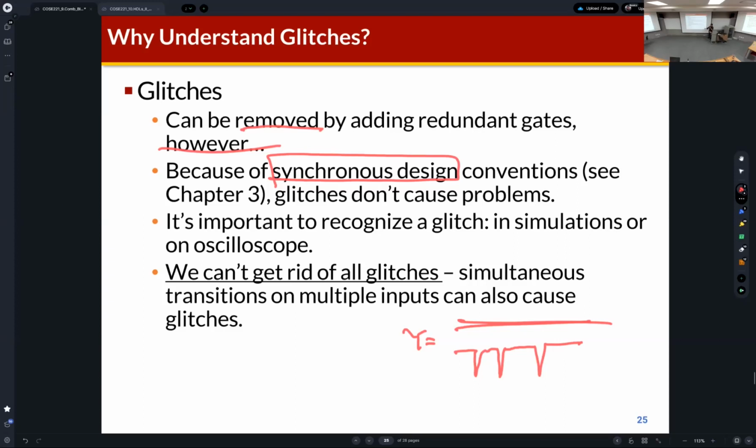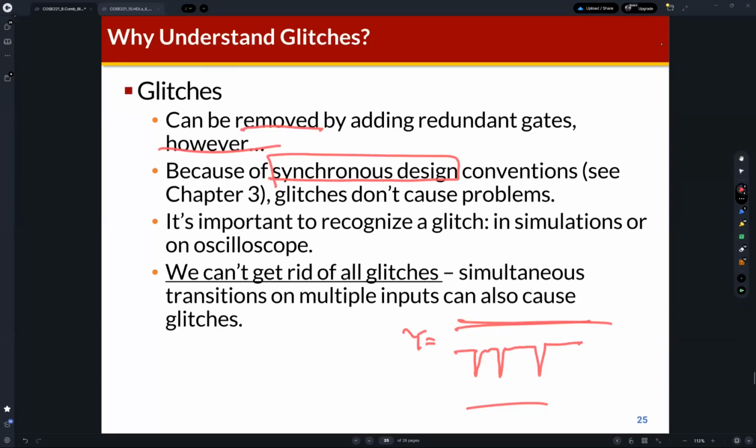So we employ the synchronous design convention, and we will learn about sequential logic in chapter 3, which means that the output of the combinational logic is sampled. Because of the glitch, we cannot get a clean output from the combinational logic, and this can be a serious issue in a real digital circuit.